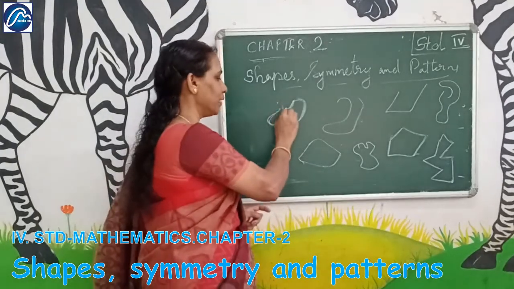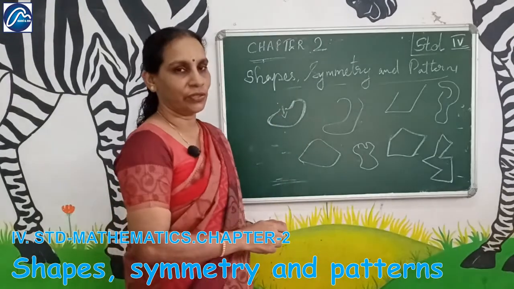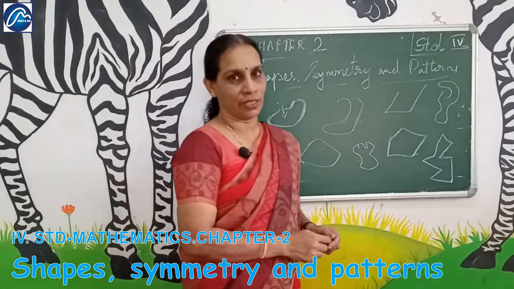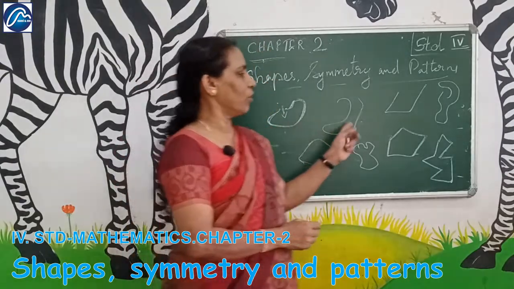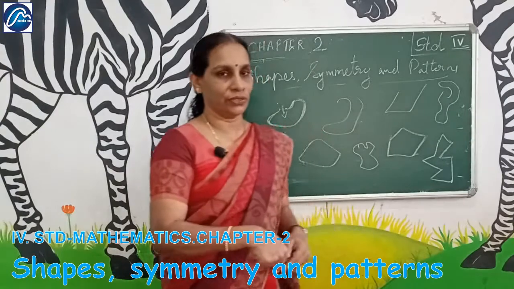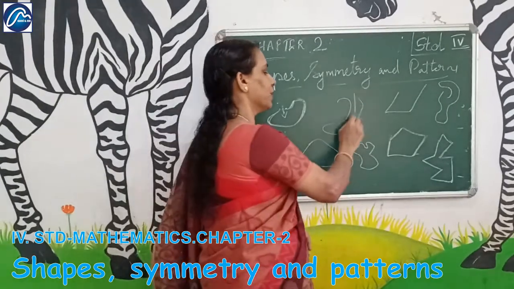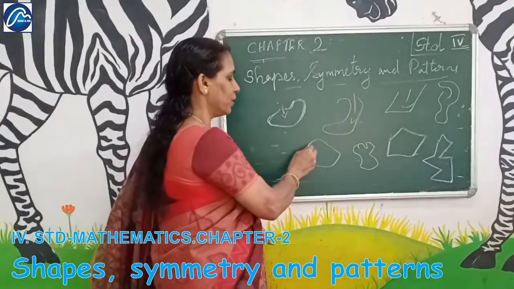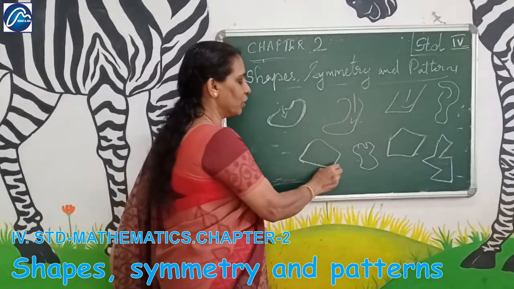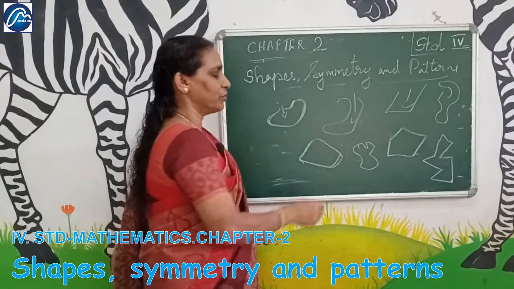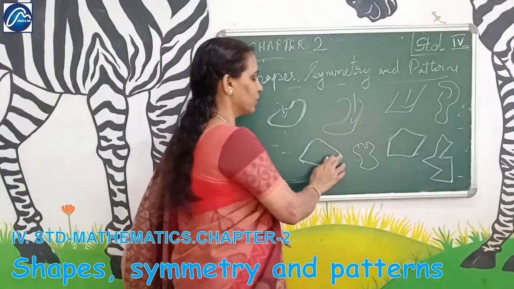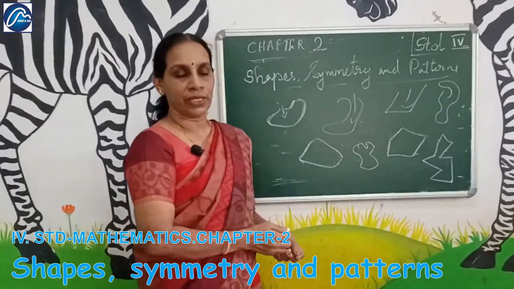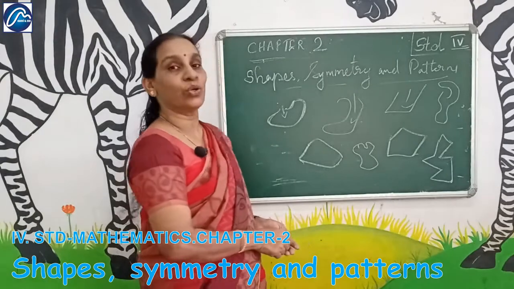There is some entry point where you can enter into the figure. So these are open curves. In the second row there is no way to enter, there is no gap. So these are closed curves.